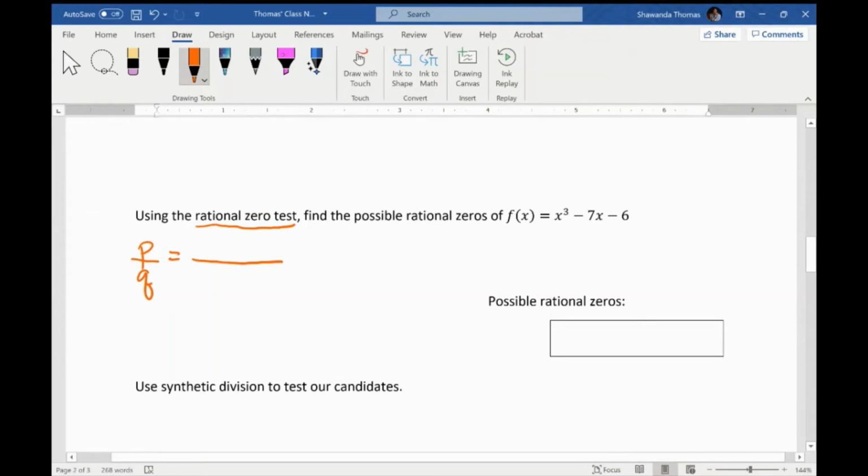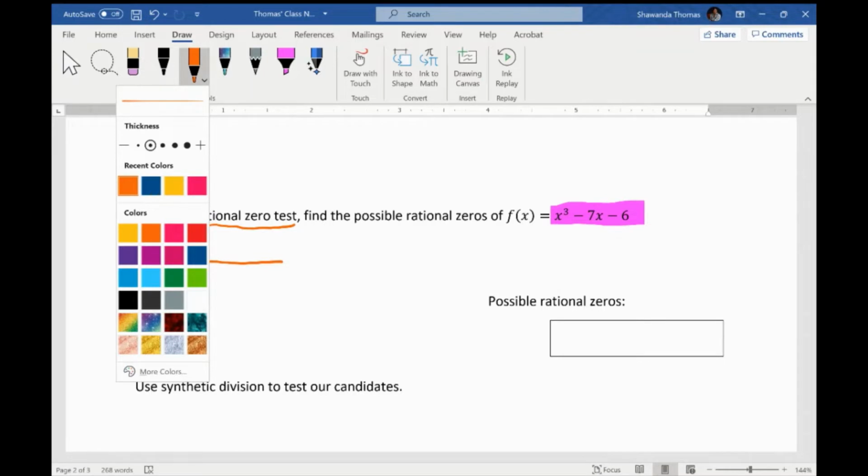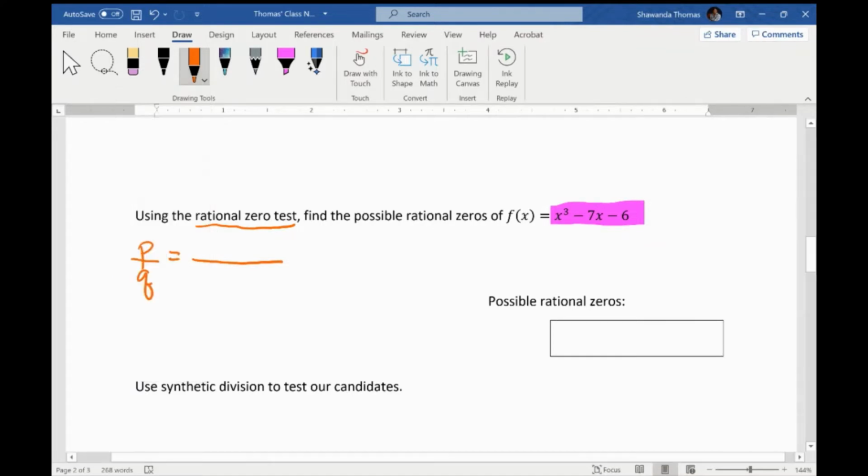Now, let's look at our function. What is the constant of this function? It's 6. All right. Now that we know that, we're going to write out all of the factors of 6.